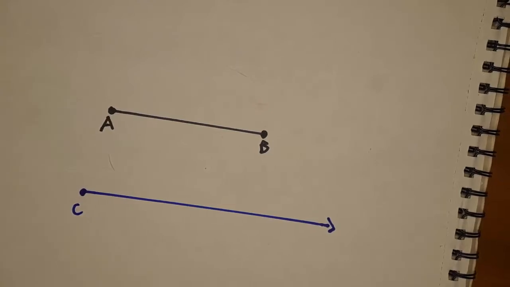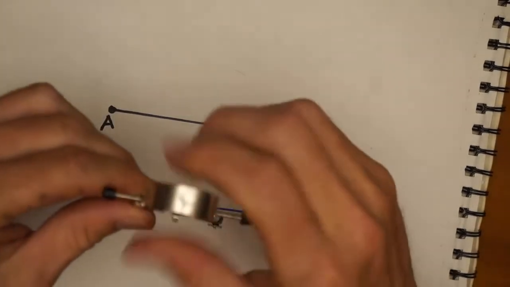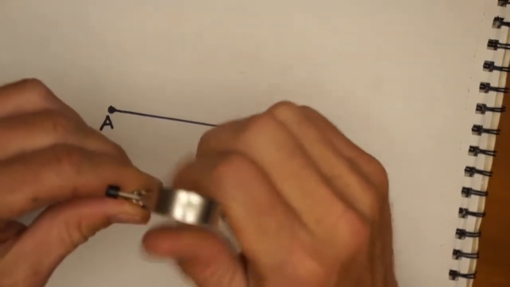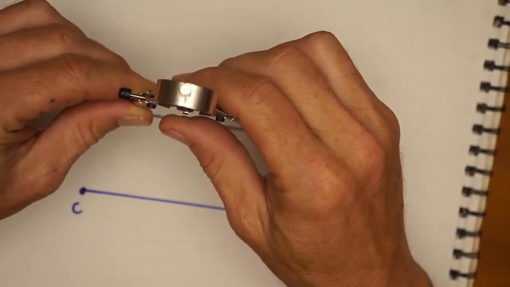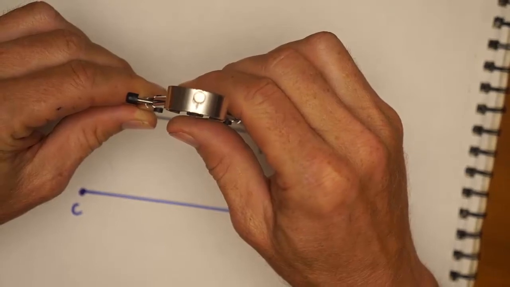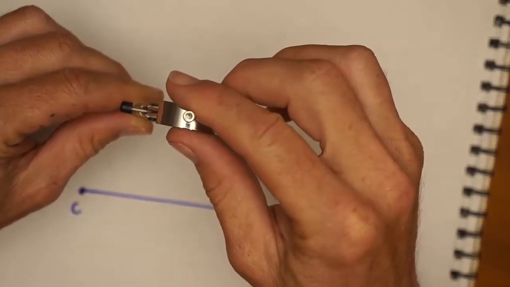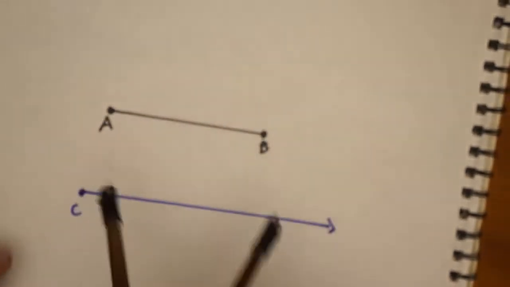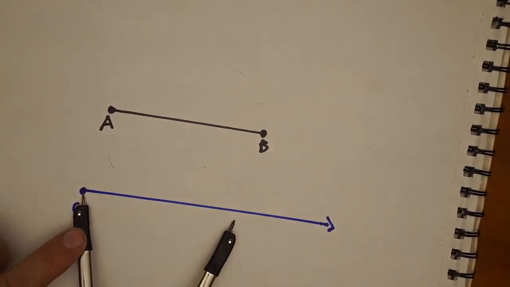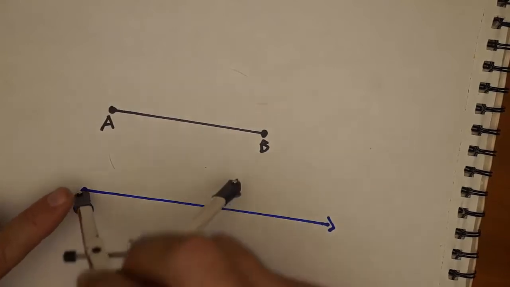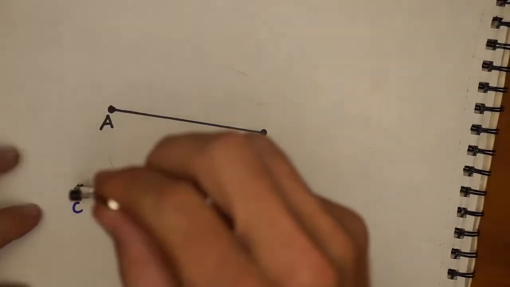What we're going to do is open the compass gap so that it's the same distance from A to B. Then we're simply going to put the compass point on point C, and draw an arc that intersects the ray that you created in blue.